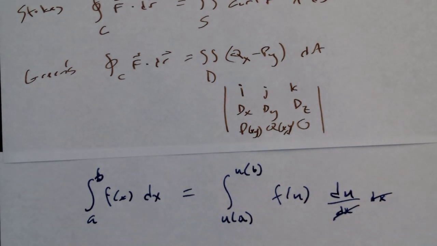That same adjustment is really a Jacobian. It's just a one variable Jacobian rather than 2 or 3.